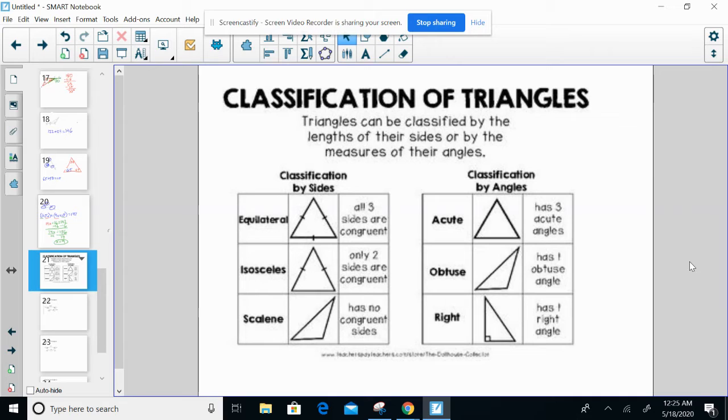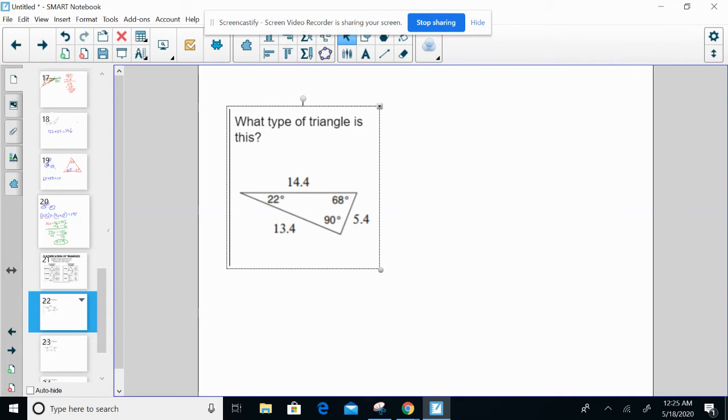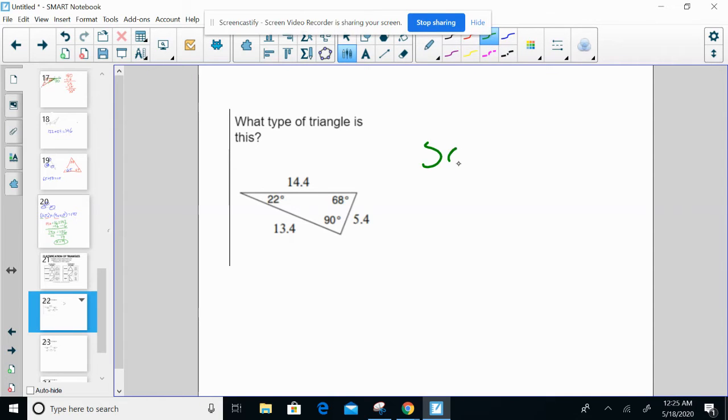All you have to do is match it up. Let's do it in terms of sides. How many sides do we have that are the same? None of the sides are the same. That is scalene. You'll see this most often, I think. So this is a scalene, and then let's look at the angles, 22, 68, and 90. 90 means it's a right triangle.